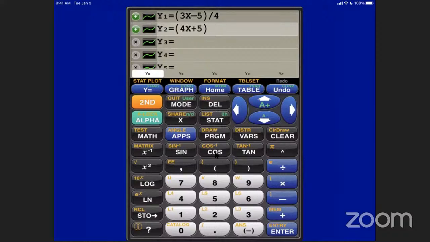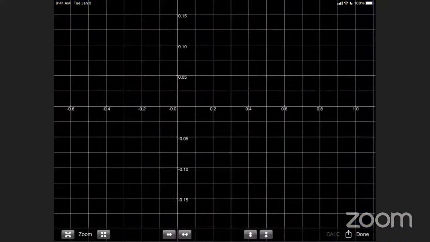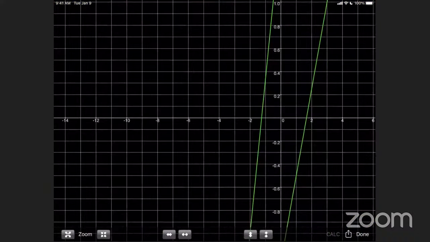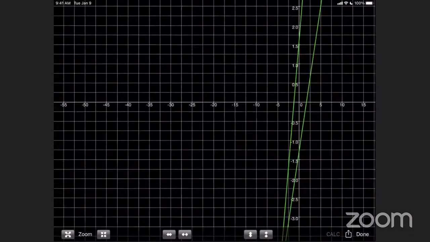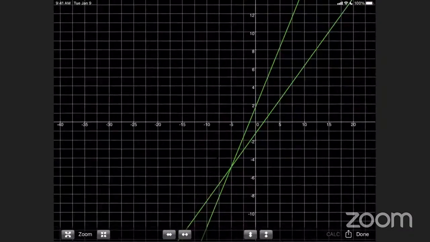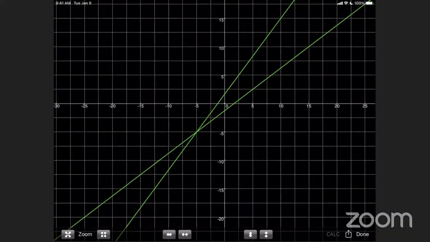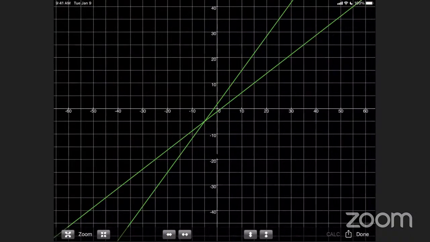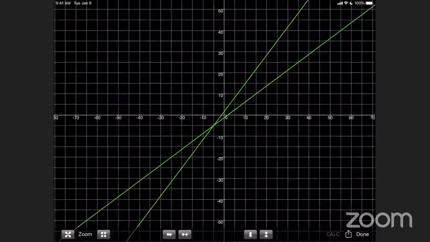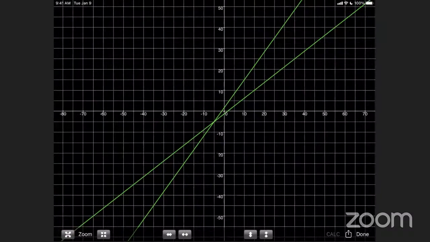If I graph both of those, you'll notice what happens. I'm zooming out. Those two equations are symmetric over the line. They're flipped over the line y equals x.